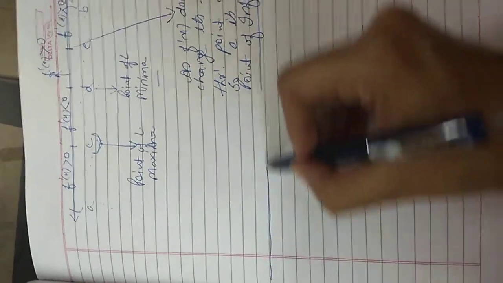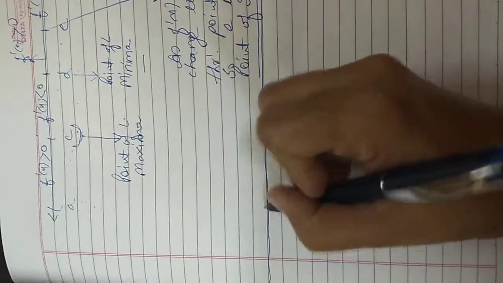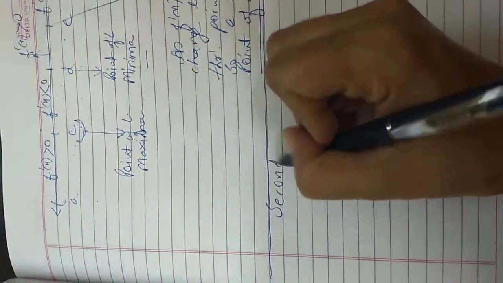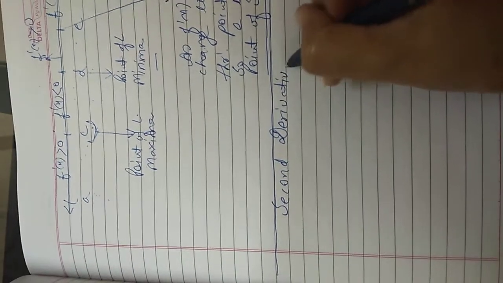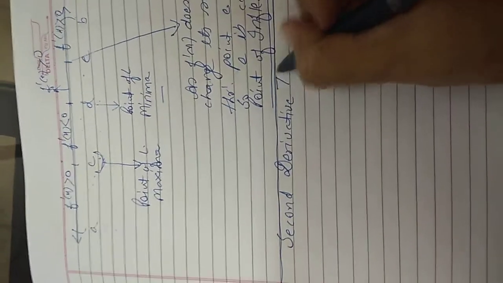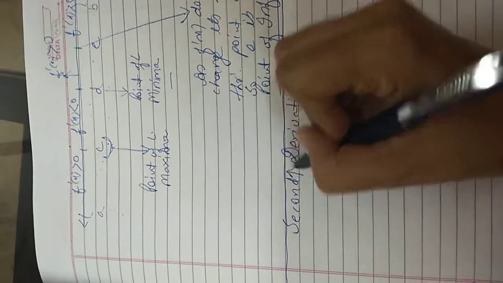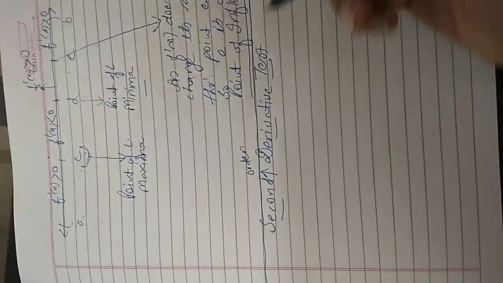And the next is the second order derivative test. How that test will be done, let us understand that also. The name itself suggests that here we will find the second order derivative also.